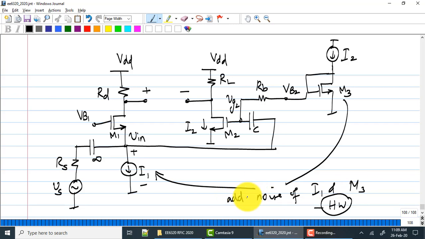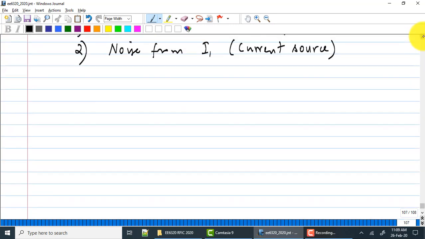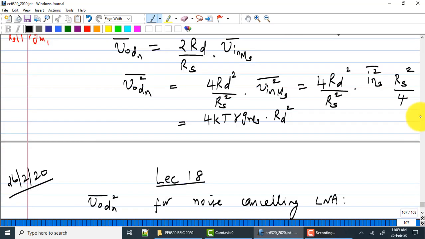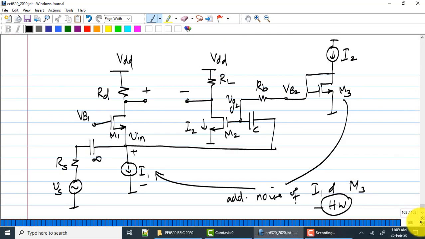So what about noise from M2? What happens to noise of M2? So noise of M2, most of it is expected to flow through RL, right?